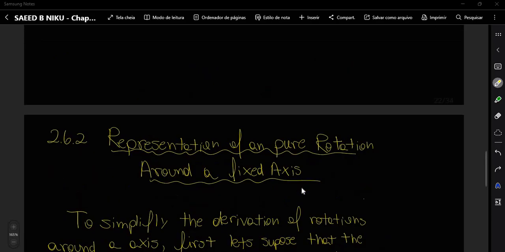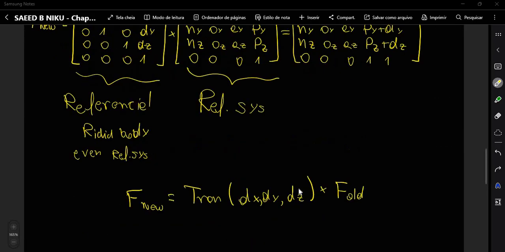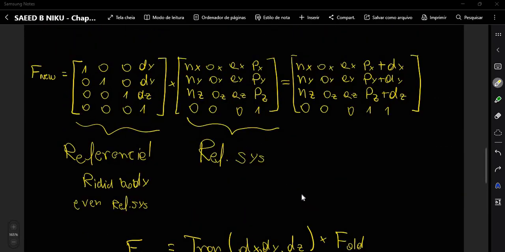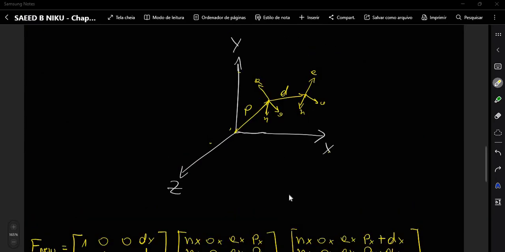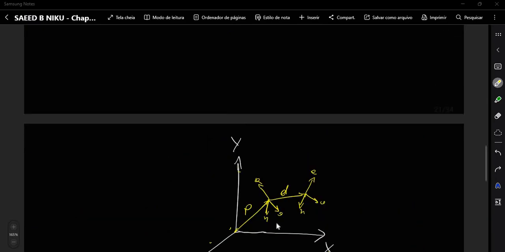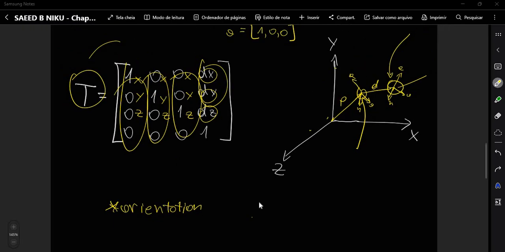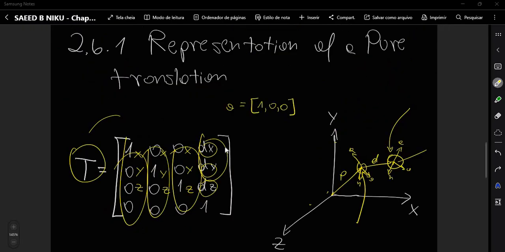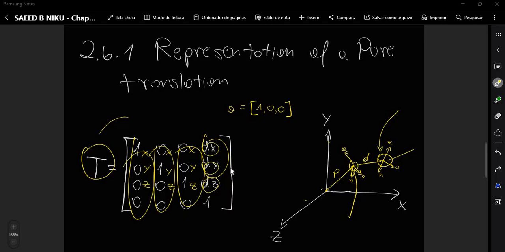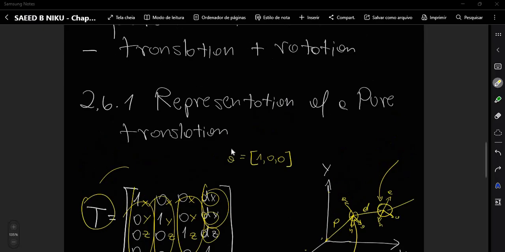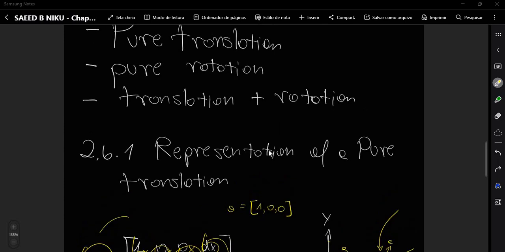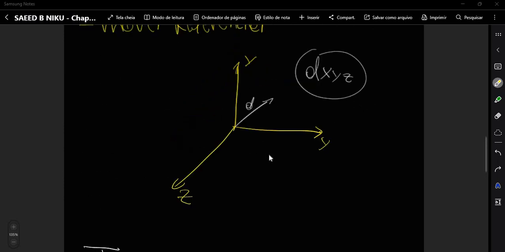So in the last video we were talking about how you can represent a pure translation. We saw what a pure translation is, and we finished on topic 2.6.1 by solving example 2.6.